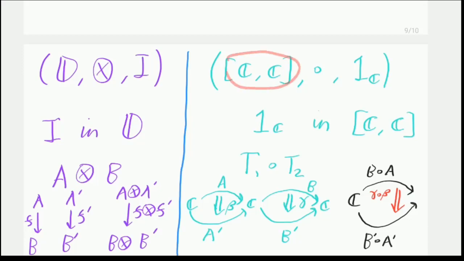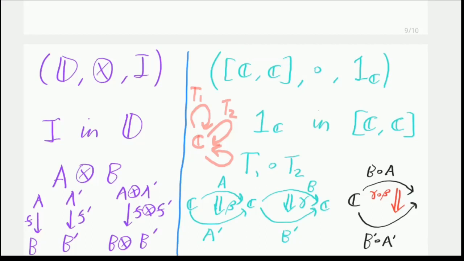So the objects of [C, C] are just going to be functors from C to C. And of course, since these are endofunctors, if we have a couple of them, like T1 and T2, then we can form a new functor, T1 after T2. And that's, of course, going to be another endofunctor of C. So we have this notion of being able to take the product of objects in this category.